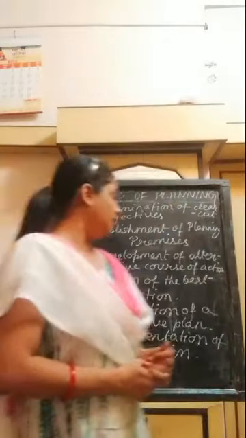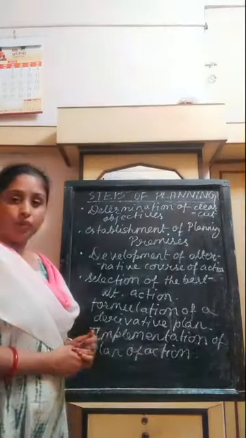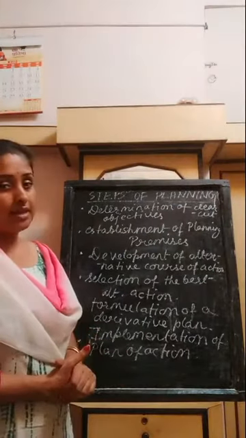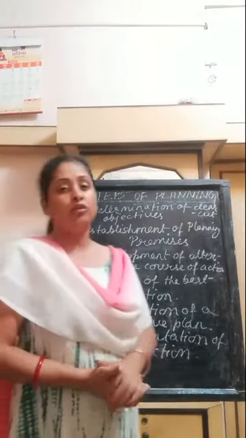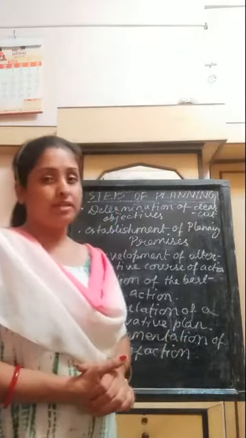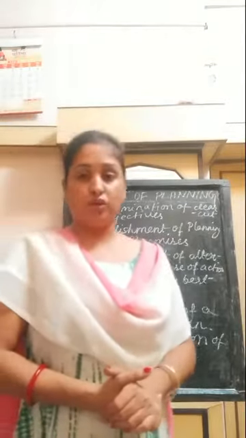So these are the various steps to be followed in the planning process. These are the main points that you will write, and you can elaborate them according to your convenience.